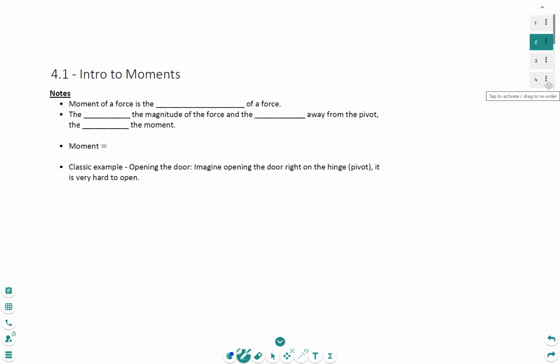Right, so what's moments? First of all, the moment of a force is the turning effect of a force. Sorry about my writing. The larger the magnitude of the force, the further away from the pivot, the greater the moment.